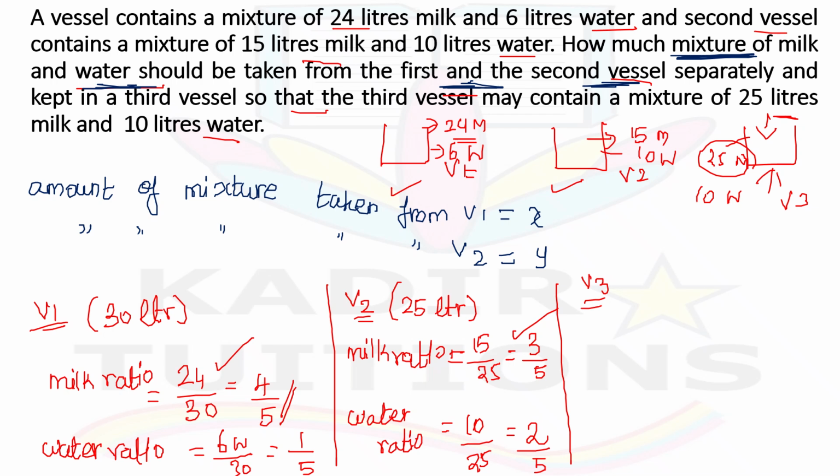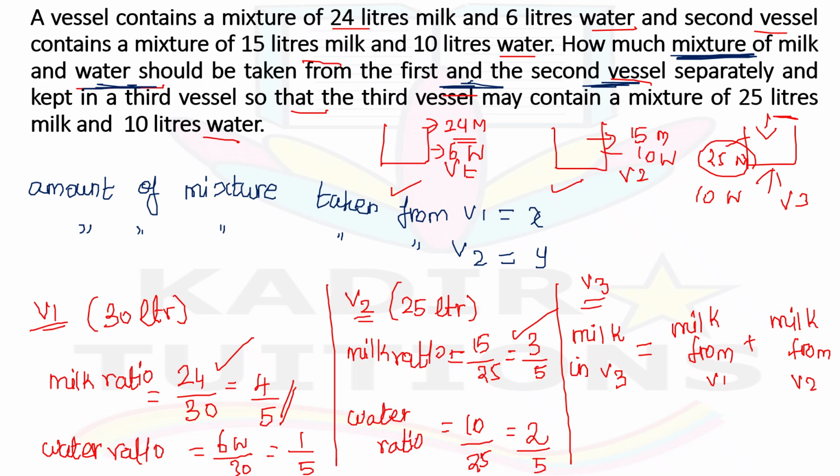So milk in vessel 3 is equal to the amount of milk from vessel 1 plus the amount of milk from vessel 2. I can write it like this now. So how can I frame the equation over here?